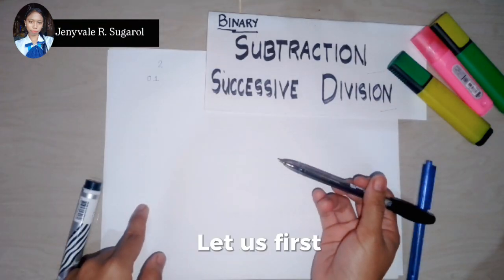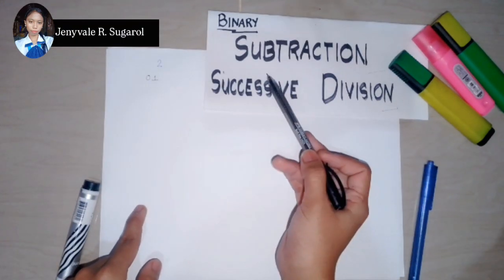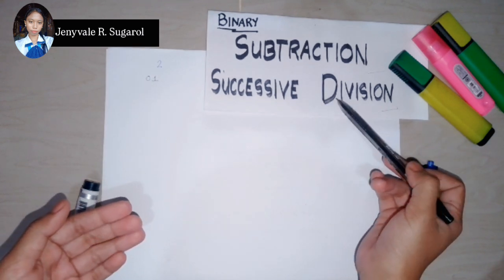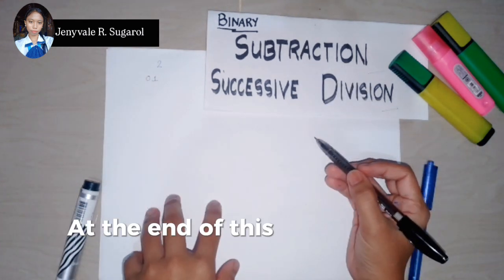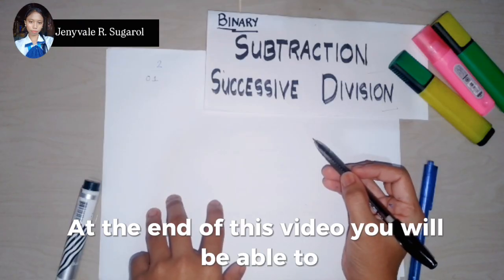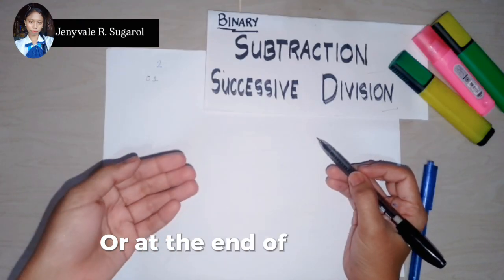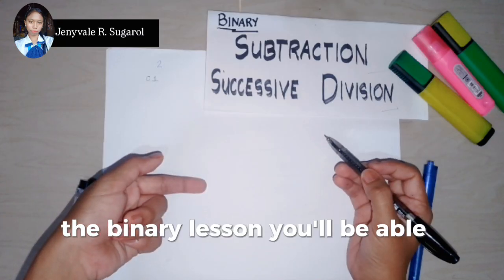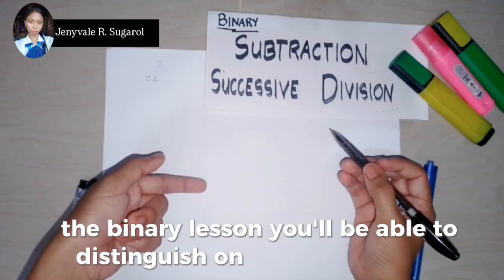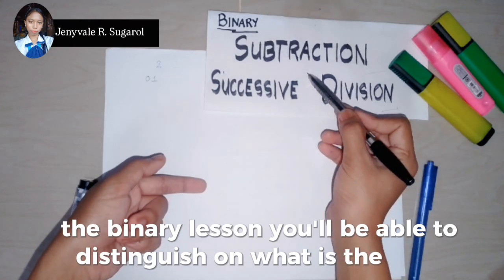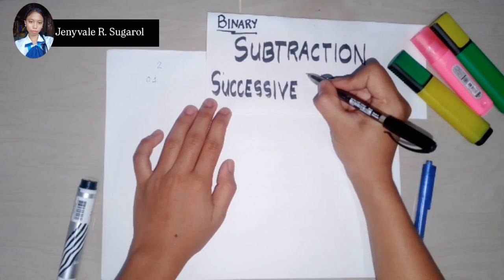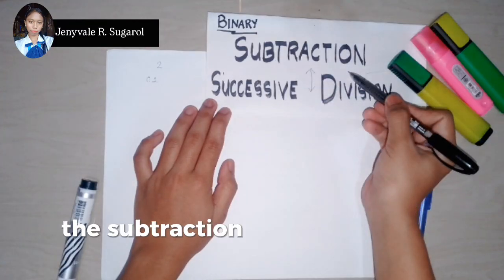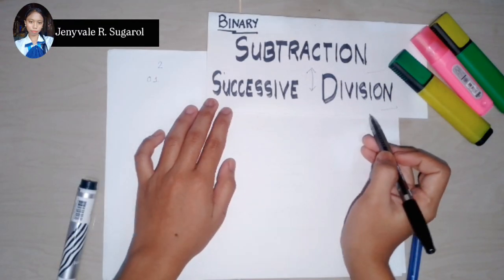Let us first do the subtraction. Or before I start, at the end of this lesson, the binary lesson, you'll be able to distinguish which is the easiest way, the subtraction or the successive division.